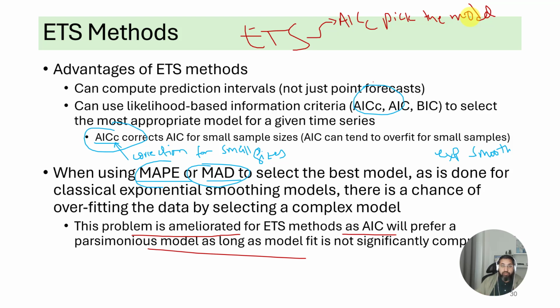If you're going to forecast for 50 products, it'll apply all the ETS algorithms to each product, see which one has the smallest AICc, and pick the best one for each product, right? It will give you prediction intervals, not just point forecasts, on top of the point forecast.